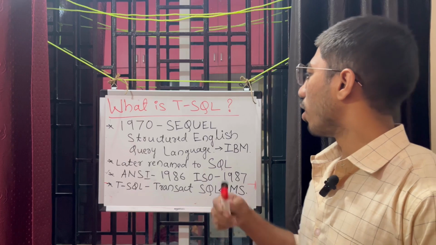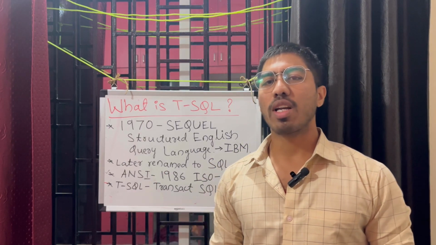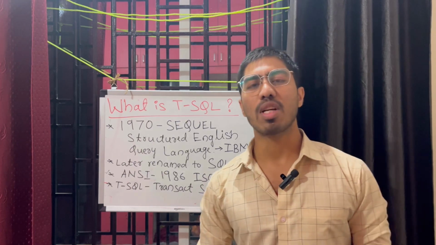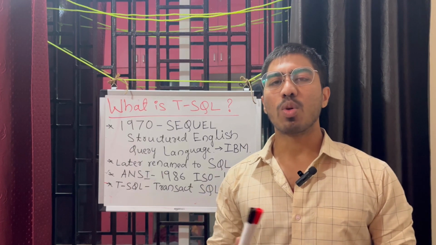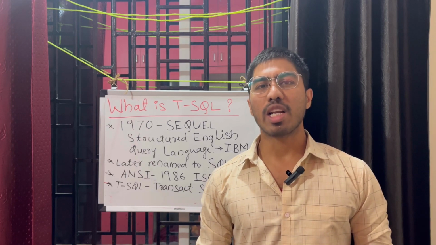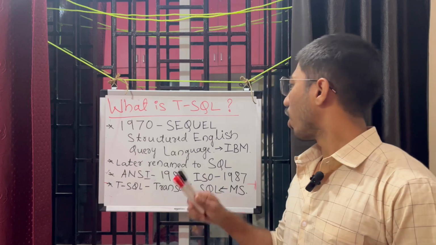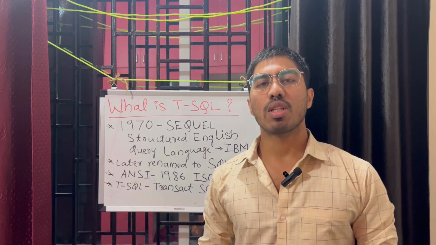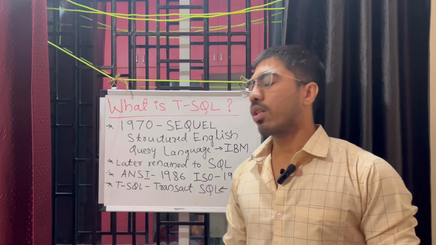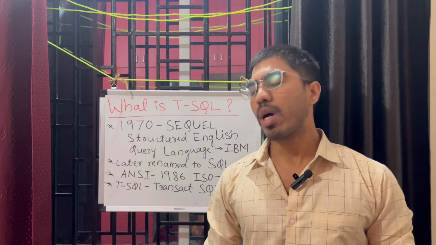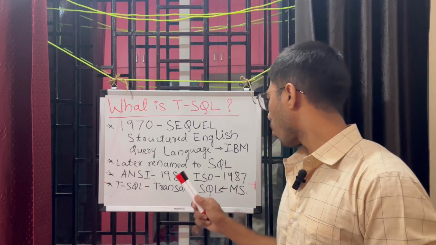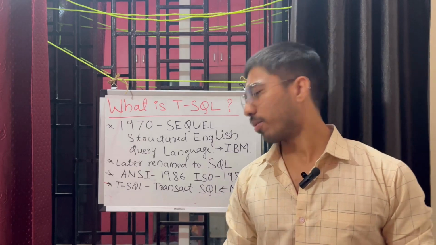In 1970 it was called SEQUEL, Structured English Query Language, and later after some years it was renamed to SQL. SQL stands for Structured Query Language. Basically, SQL was developed by IBM. SQL was approved by ANSI standard in 1986 and by ISO in 1987.